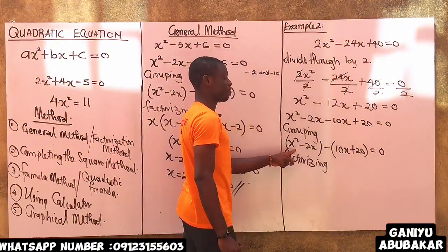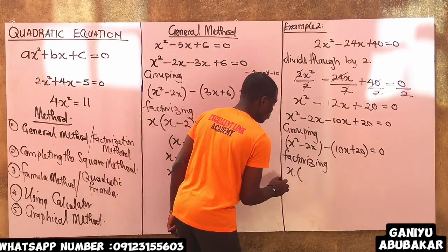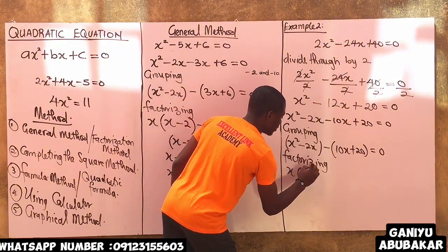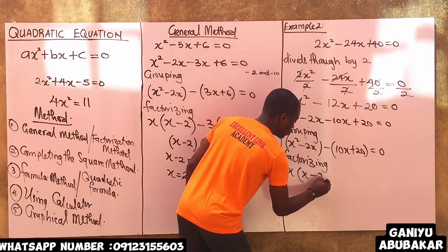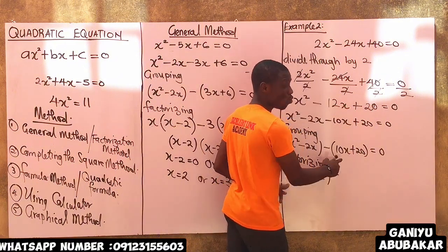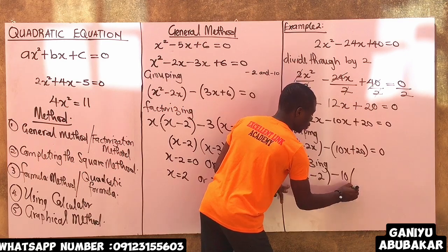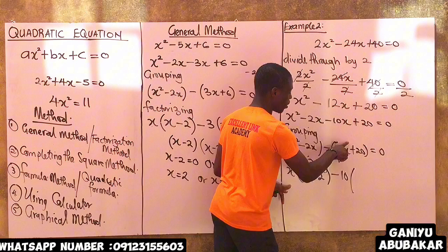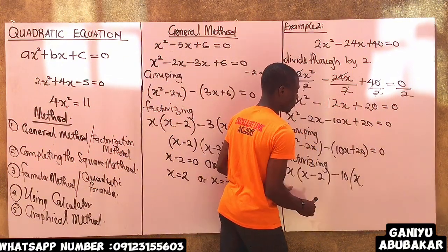Factorizing, observe from the first bracket, what is common here? x. Pick out x, divide x squared by x, I'm left with x, so I'll put my x here. This is minus 2x divided by x, I'll have the 2. I'm done with this first one. The minus sign stays here. What's common here? The common term here is 10. I'll pick out 10, 10x divided by 10, I'm left with x, I'll have x there.